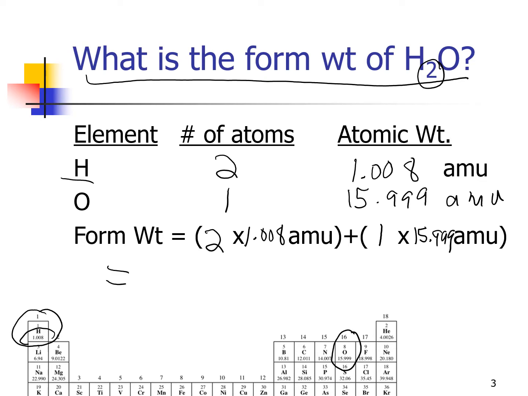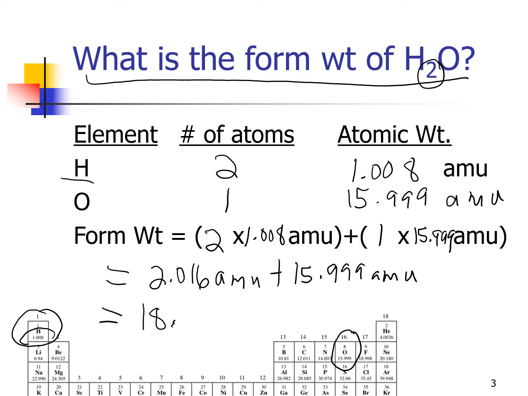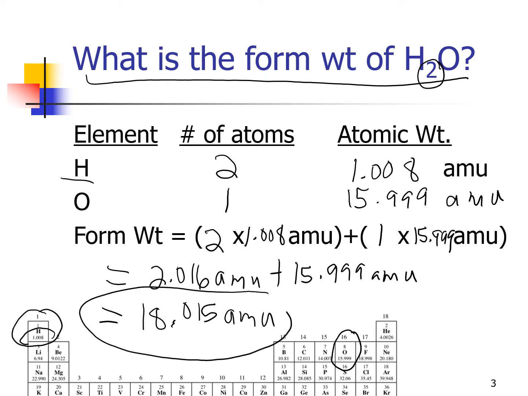So I'm going to multiply 2 times 1.008, and that's 2.016 AMUs, plus 1 times 15.999 AMUs. Adding those two numbers together, I get 18.015 AMUs. So that is the formula weight, or the mass of one molecule of water.